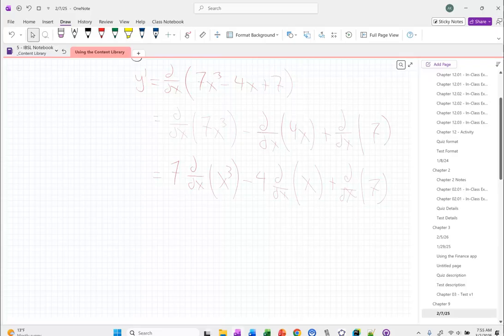Now I notice that everything that's remaining that I have to take the derivative of is either a power function or a constant, right? Those are the 2 things that I have a rule to take the derivative for. So x cubed is in the form x to the n, right? My derivative rule says that the derivative of that should be n times x to the n minus 1.